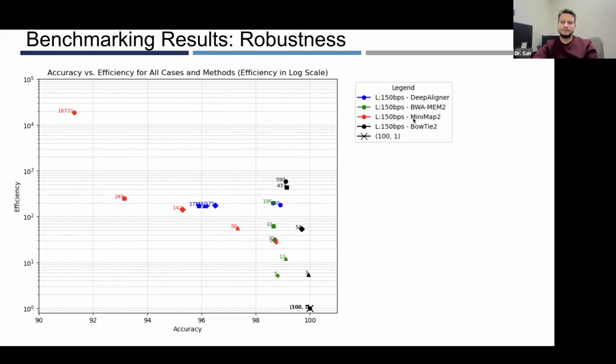From the same developer, Minimap2 is efficient for longer reads, and Bowtie2 is regarded as the most efficient for the longest reads. So I compared my pipeline with all of them, and I could see this blue dot is always consistent in terms of accuracy and efficiency. However, sometimes other pipelines are higher, sometimes lower, but nobody is as consistent as my pipeline.